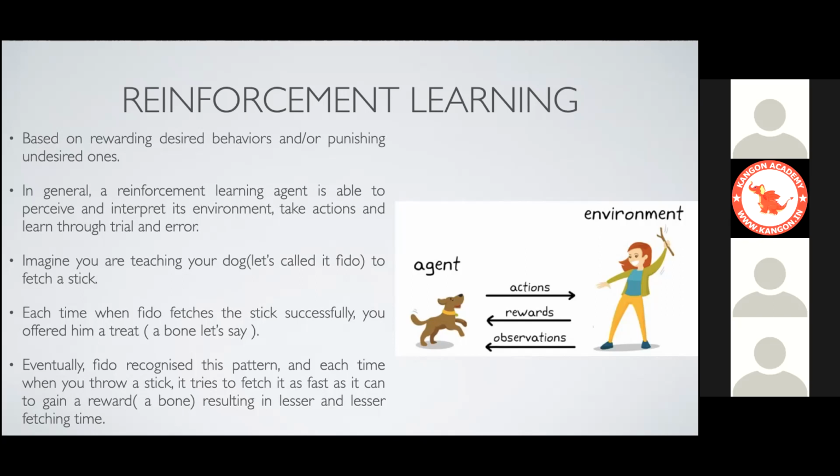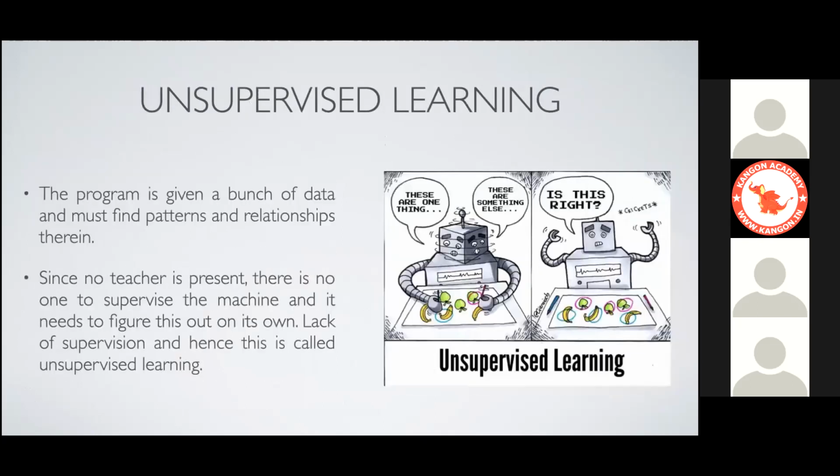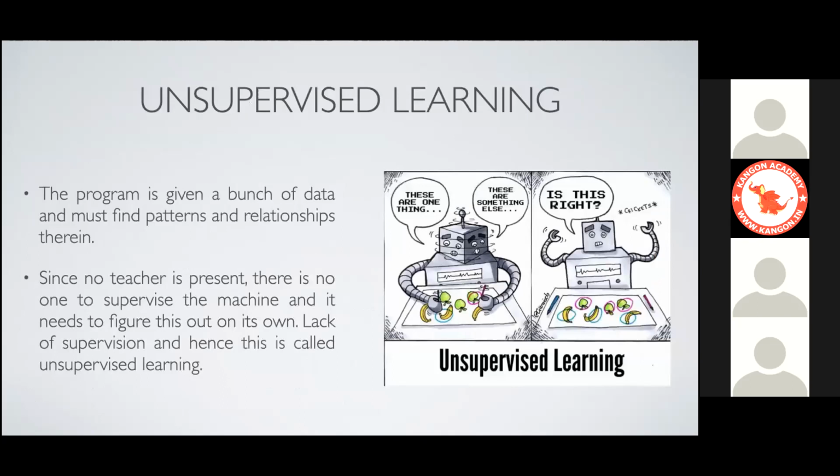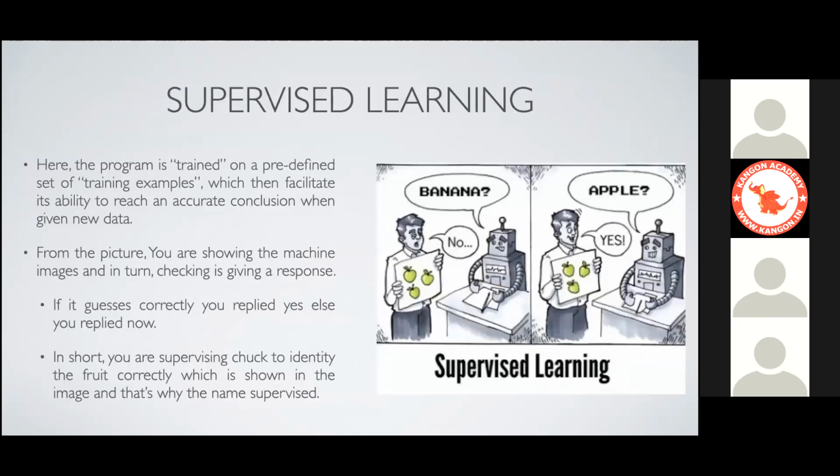So supervised learning, unsupervised learning, and reinforcement learning are actually techniques. These are not the task. The task will be defined by you, by whatever you want to do, and based on the task you use these techniques to get good results. What technique you need to use, you will know once you get the task.